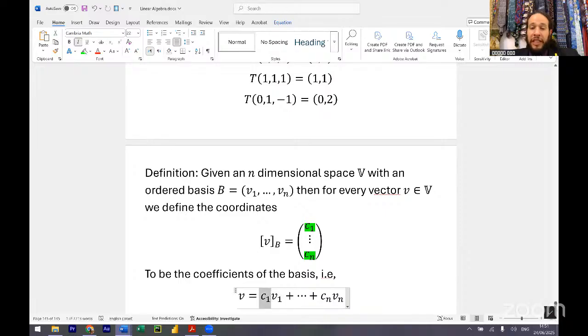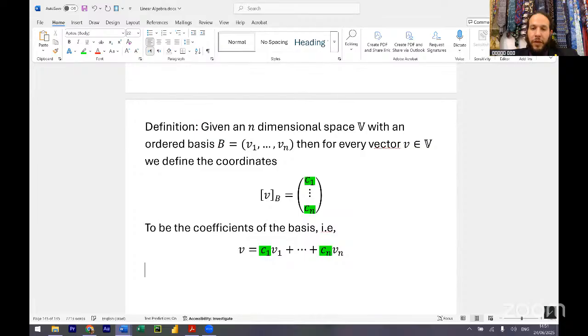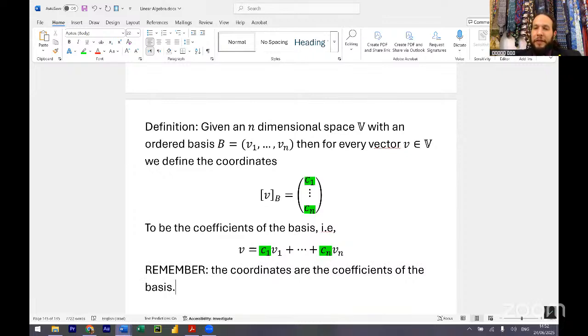So the coordinates are the coefficients of the basis. Remember, the coordinates are the coefficients of the basis. That's the definition here.